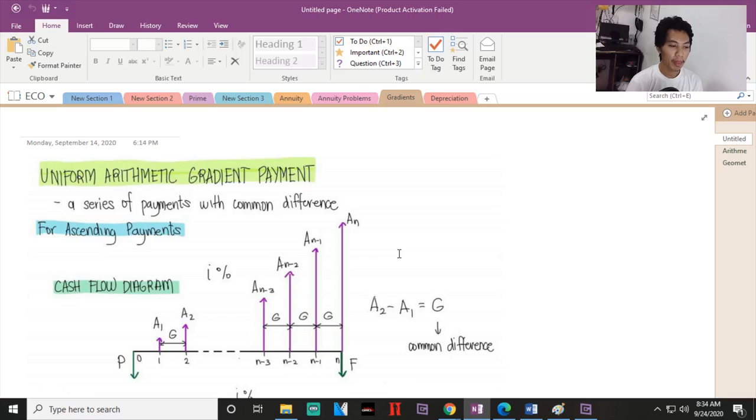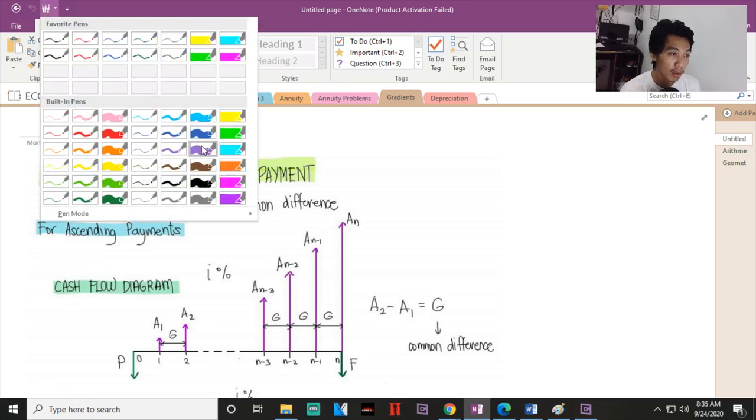Pag makita mo, complicated masyado yung kanyang cash flow diagram, but it is the right and correct representation of the cash flow. Ano ba yung gradient? Yung gradient is the common difference. Yan yung kapag ibinawas mo yung annuity or the equal payment dun sa isang payment.